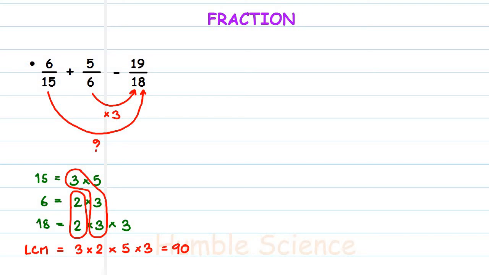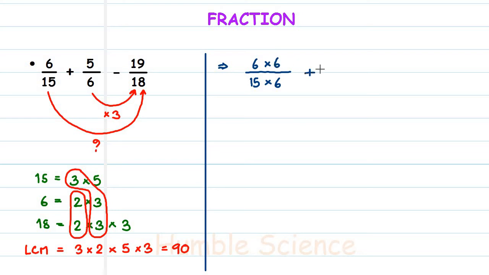So we will try to convert all the lower numbers into 90. For the first term, 15 has to multiply 6 in order to be converted to 90, so the top part has to multiply 6 as well.